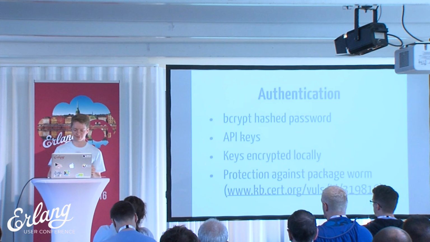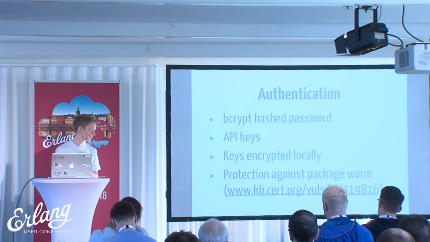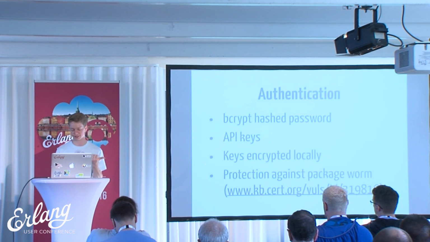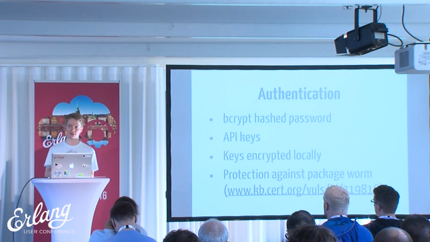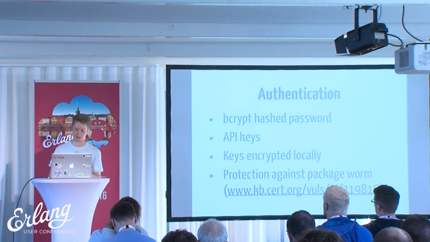This can very, very quickly spread across the whole repository. But just by encrypting the API key, we are protected against this. We're also adding two-factor authentication that would also help with issues like this.